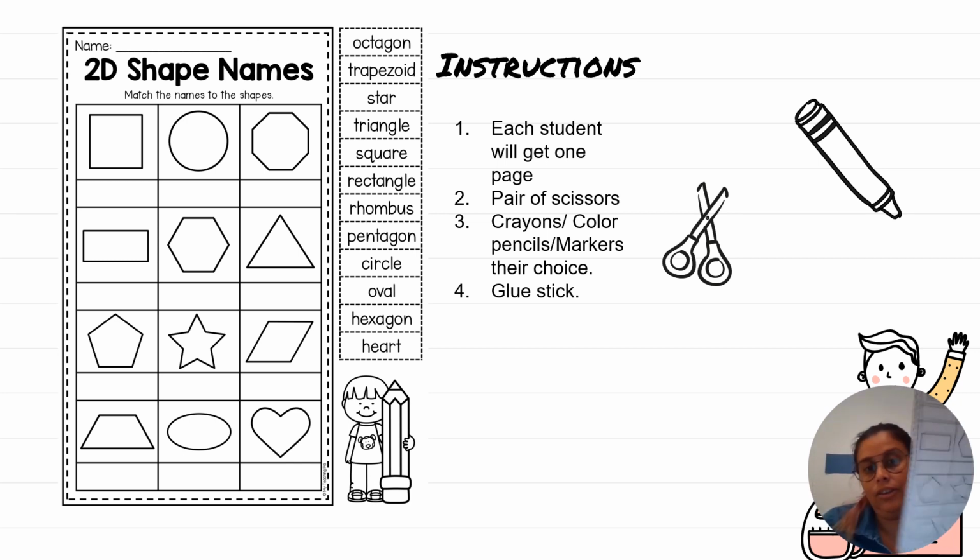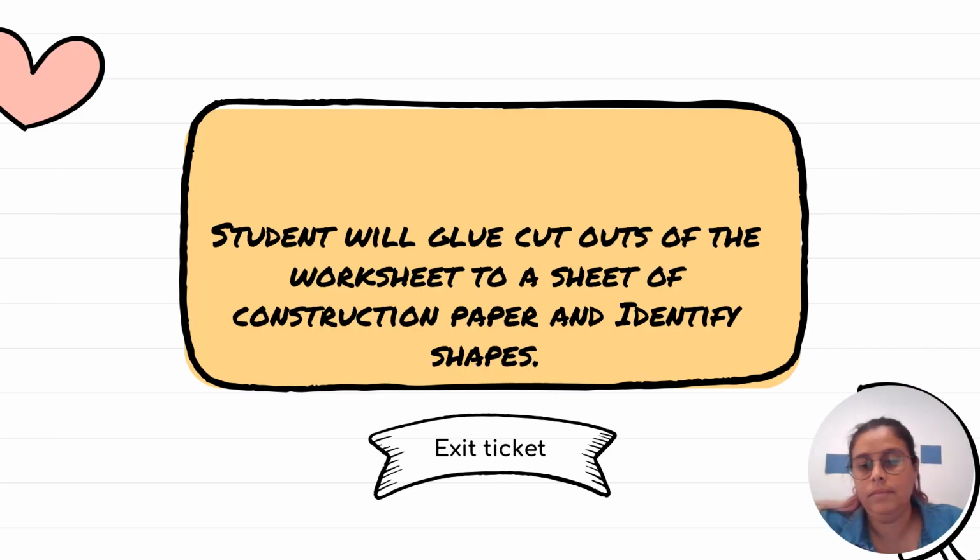This is actually going to be done within the group setting. They can come to me and ask for help. We can talk about it, discuss, ask them why do they think it's a rectangle, why do they think it's a star, before we move into our exit ticket.